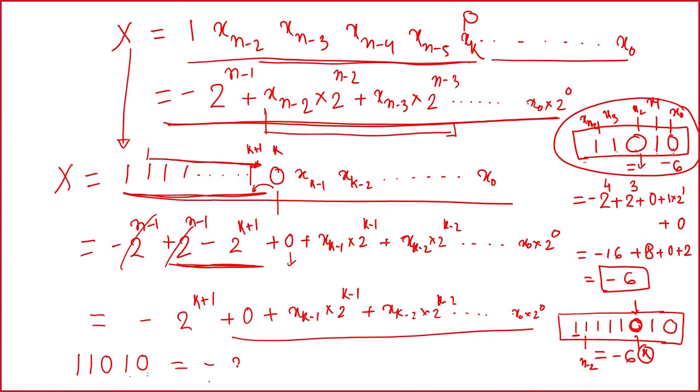So, we can write minus 2 to the power 3 plus 0 plus 1 into 2 to the power 1 plus 0 into 2 to the power 0. What is this? This is minus 8 plus 0 plus 2 plus 0, which is nothing but minus 6.